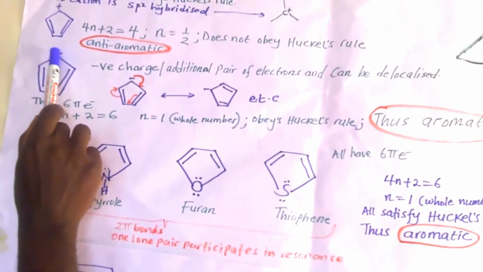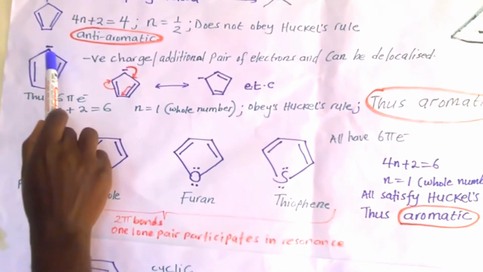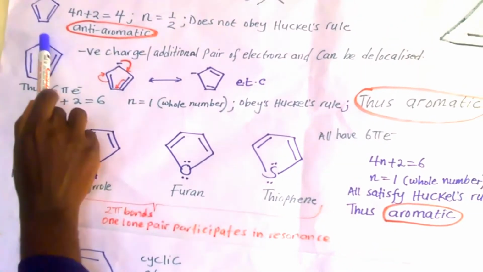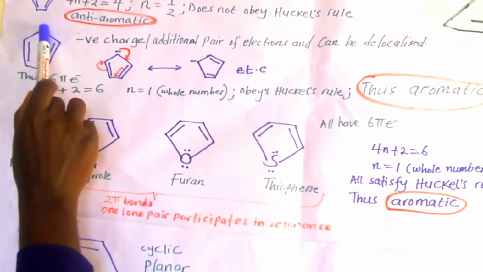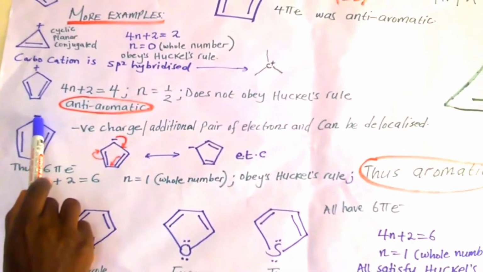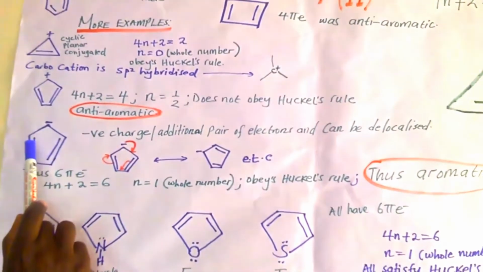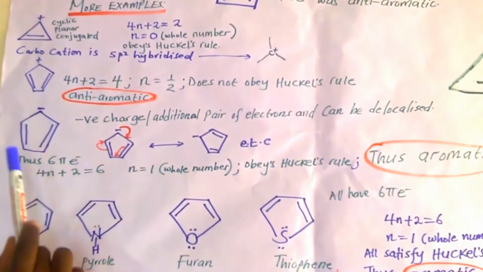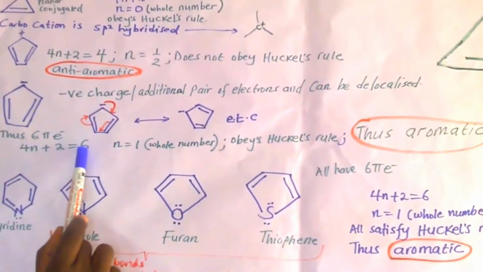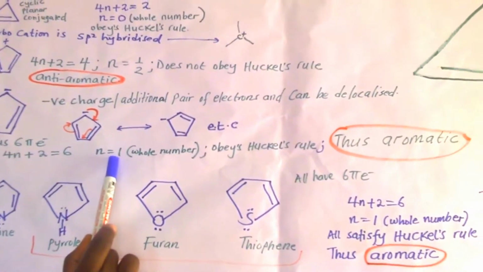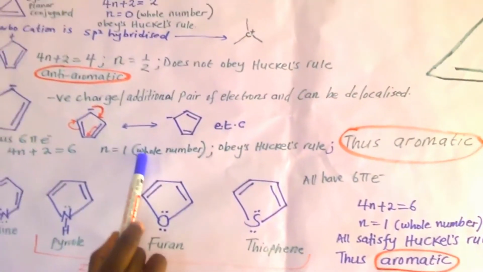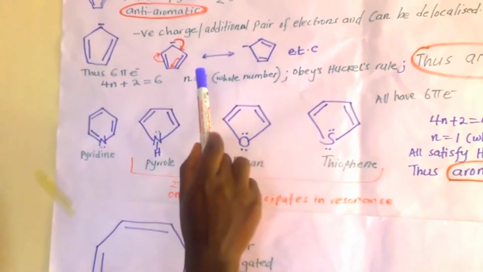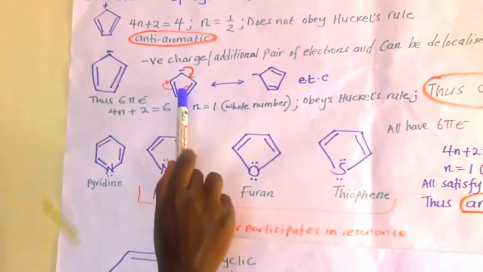This minus charge means an extra pair of electrons that has been added, so we consider this to be part of the delocalization. Therefore, when you add 2 electrons from here, 2 electrons from here, and 2 electrons from the negative charge, we shall be able to get 6 electrons. So our n is equal to 1, just like benzene. It's a whole number, it obeys Huckel's rule, and therefore this compound is classified to be aromatic.